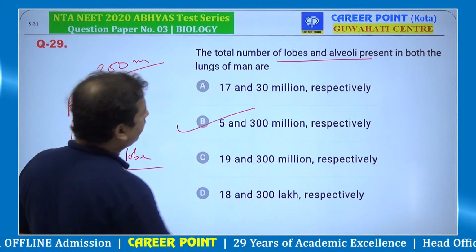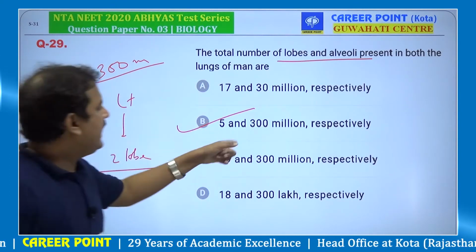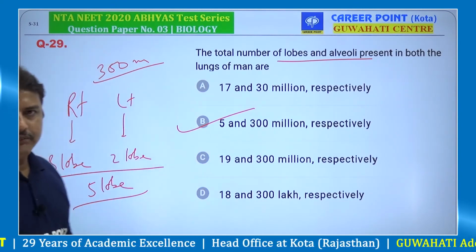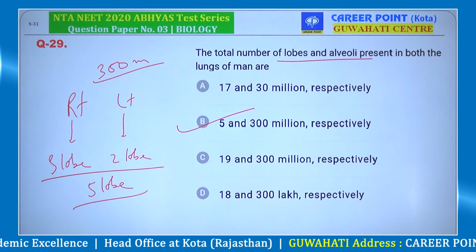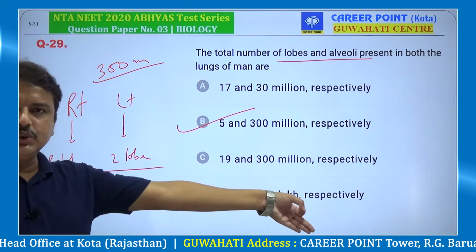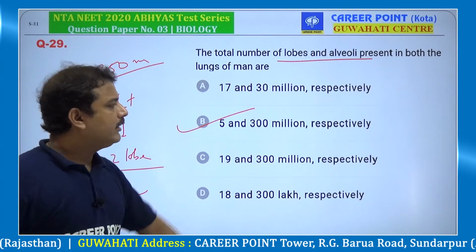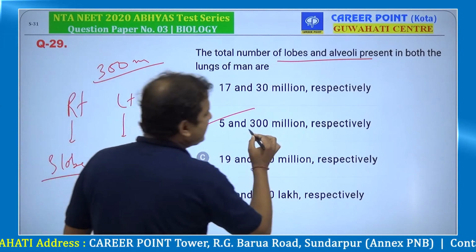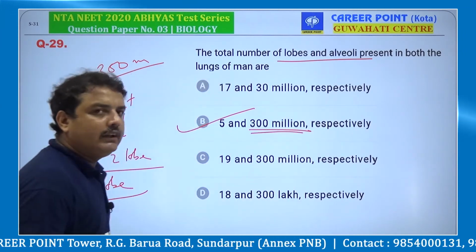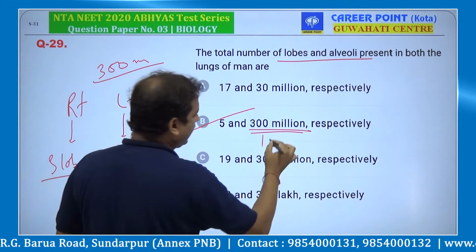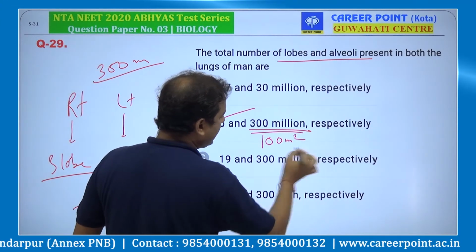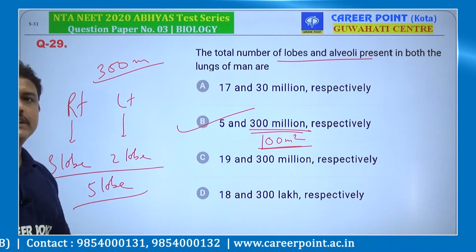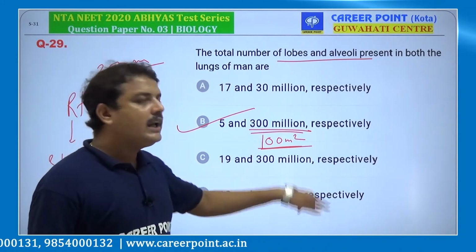So here the answer is B. That is 5 and 300 million respectively. Please remember that. So the lungs have 3 plus 2, that is 5 lobes, and 300 million alveoli. The internal surface area of these alveoli is about 100 square meters. Please remember that.